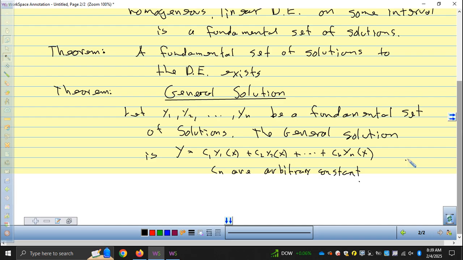No, if they're linearly independent, the only way that this thing adds up to be 0 is if our constants are 0. So we're just adding all the solutions together. We're using the superposition principle here to add all the solutions together to get another solution to the differential equation. This one, with n linearly independent solutions, gives us the general solution.